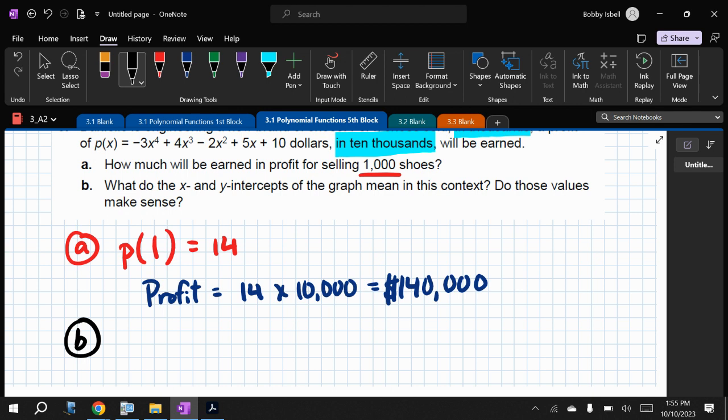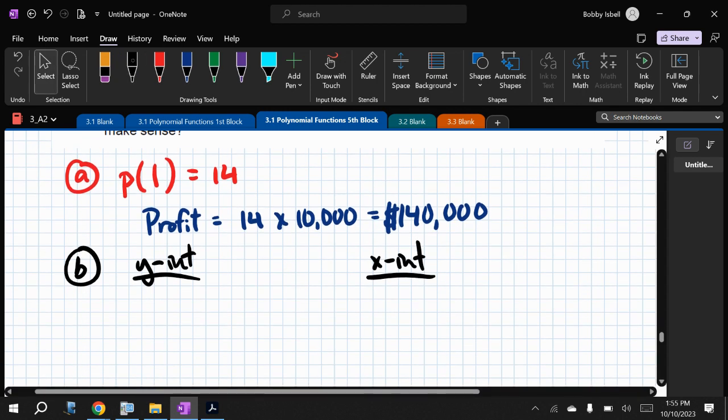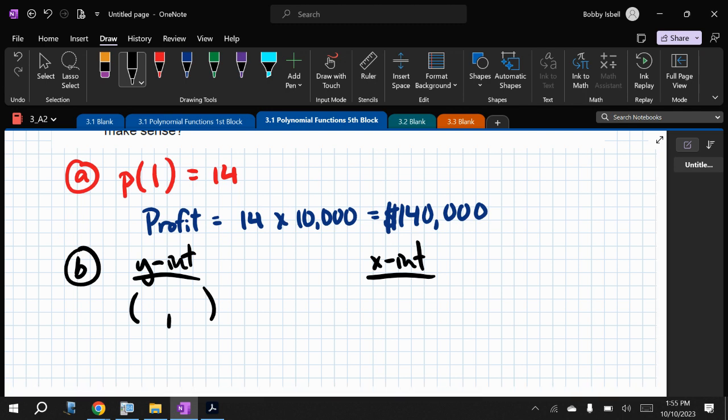All right. B is going into that and saying, okay, well, what do the x and y intercepts of this mean for that? So let's find those. I'll start with the y-intercept because that's what we started with on example 5, and then we'll do the x-intercepts. So y-intercept, ordered pair is going to be, what's the x value going to be? 0.